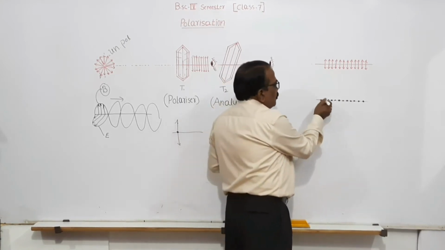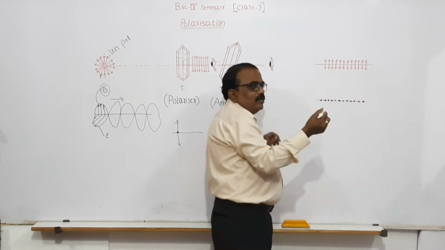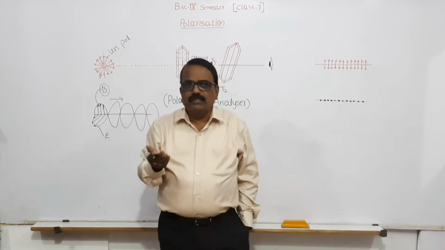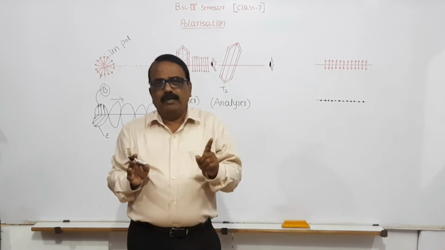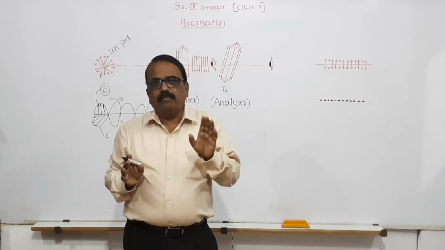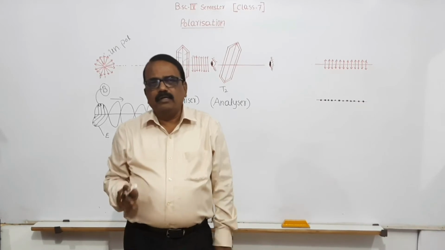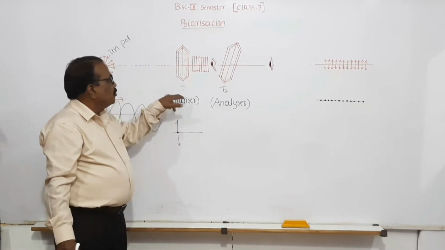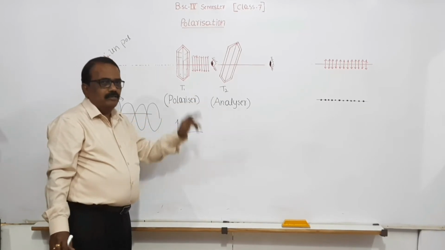If you are showing these dotted lines, this is also plane polarized light, but the vibrations are perpendicular to the board. So what is polarization? If the light vibrations are confined to a single plane after passing through the tourmaline crystal, it is called plane polarized light, and the phenomenon of confining the vibrations to a single plane is called polarization. So here in the figure, tourmaline crystal T1 is called the polarizer and T2 is called the analyzer.